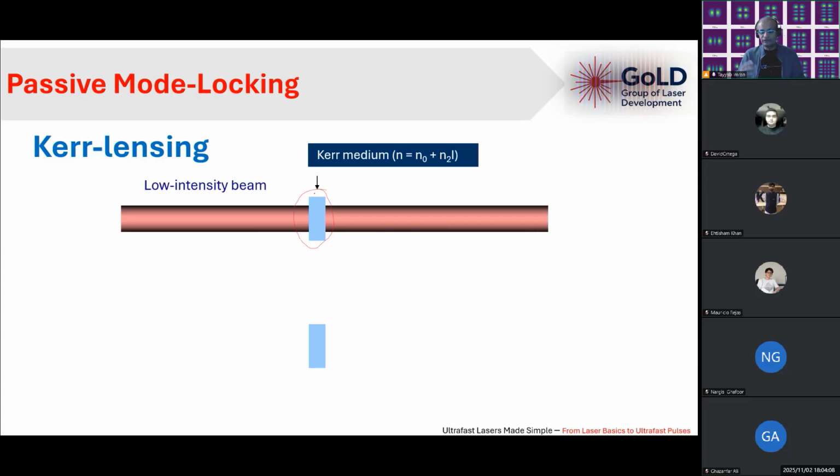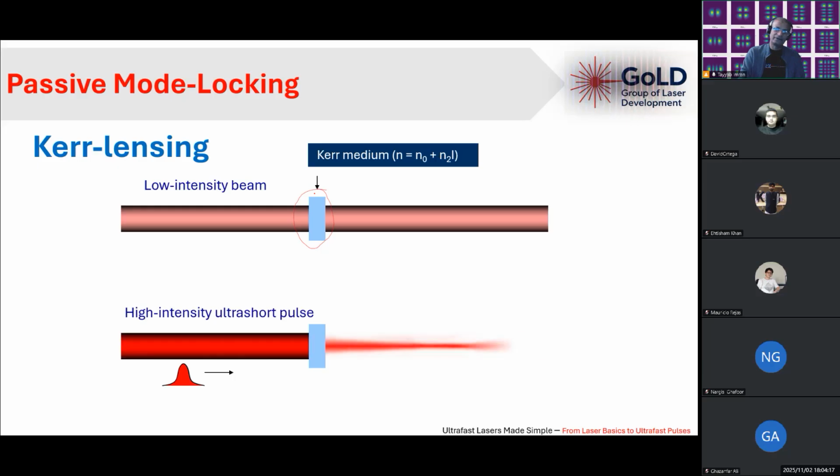Now if the intensity is higher, what happens after passing through the Kerr medium? It focuses itself here. The condition is high intensity.